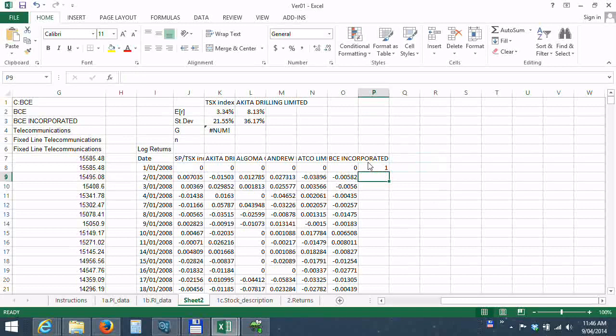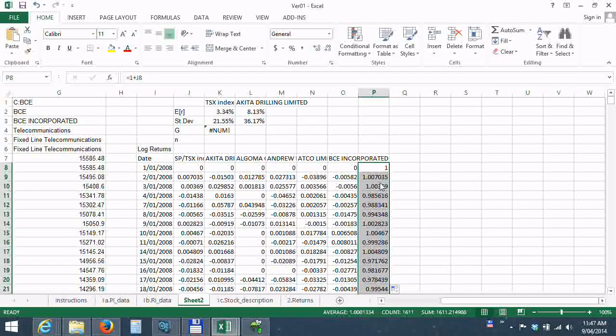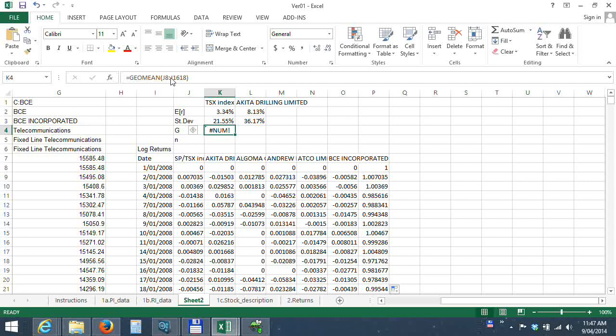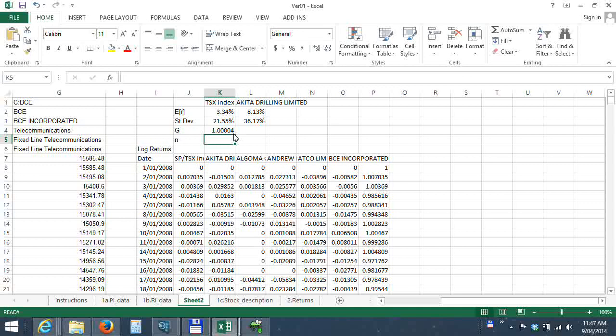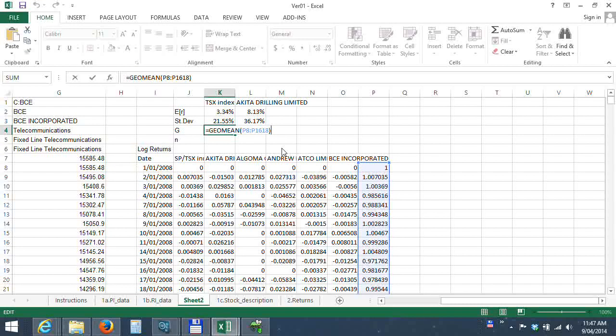So what you have to do first is construct several additional columns, one for each security in your portfolio, and simply add 1 to all of the returns that you've already calculated. Now, if you use the geometric mean function on this modified return column, or gross return, the number will be correctly estimated and the geometric mean will be displayed.